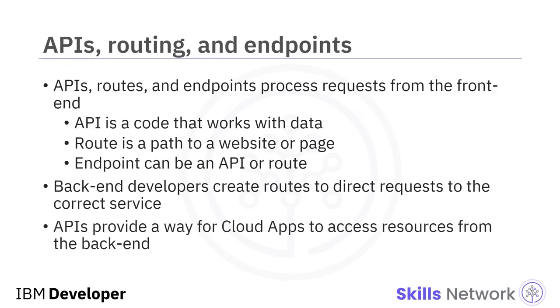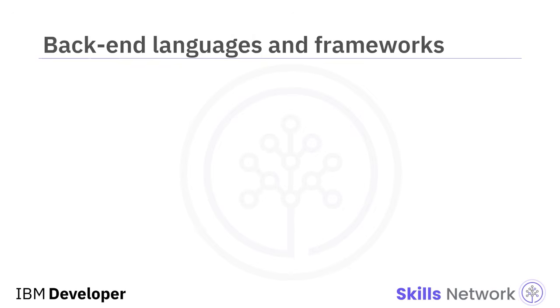APIs provide a mechanism for cloud apps, mobile apps, and other types of software to access resources from the back end. To perform all this back-end development, you will need to be familiar with at least one back-end language and its associated frameworks.